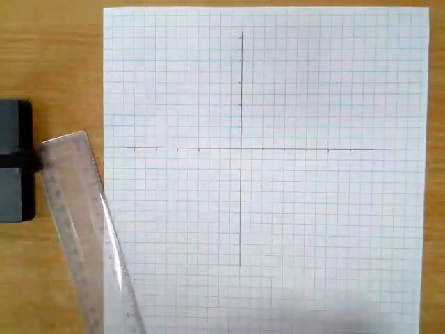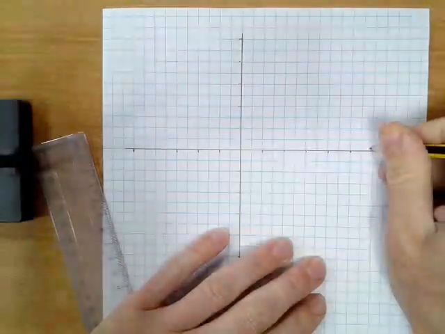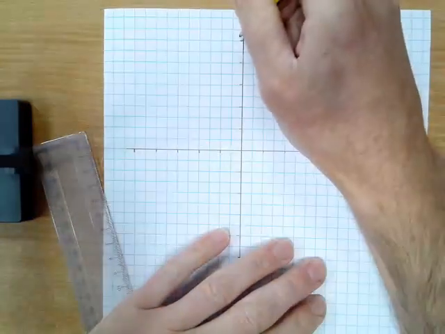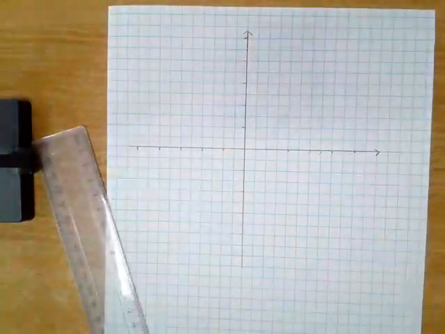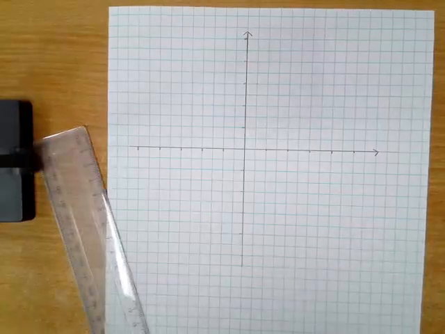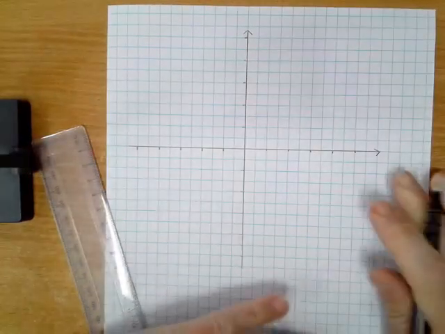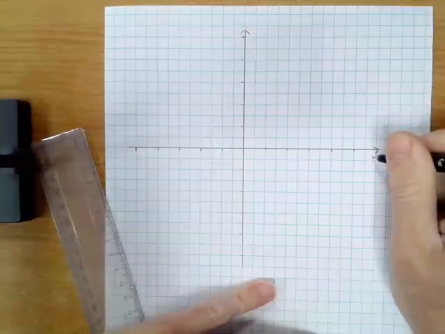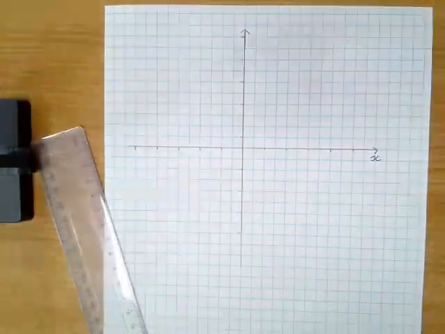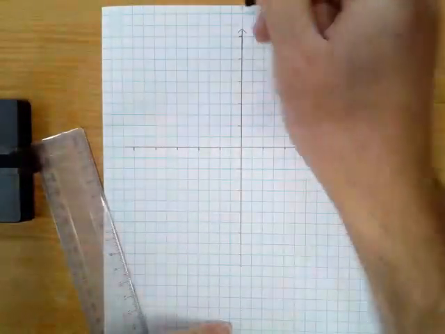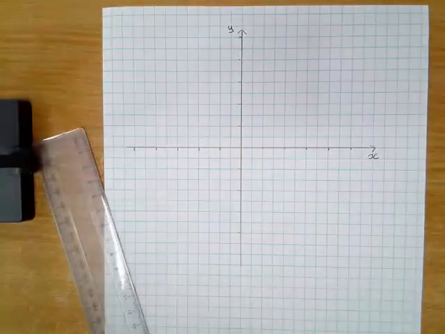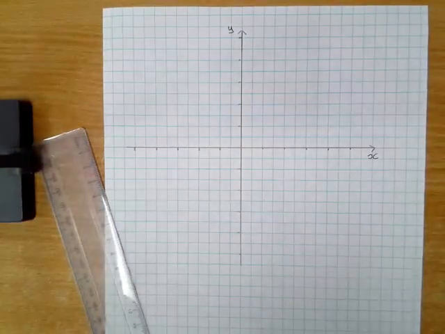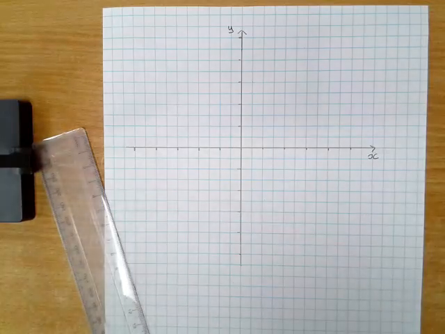Okay, so we normally put a little arrow on the end here and a little arrow on the end here, and this line here is called an axis, and hopefully you know this, it's actually called the x-axis, so with a little x on the end there like that, and this one up here is called the y-axis. Now when you're doing science or maybe something else in math, they don't have to be called x and y.